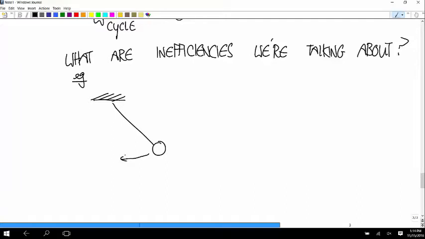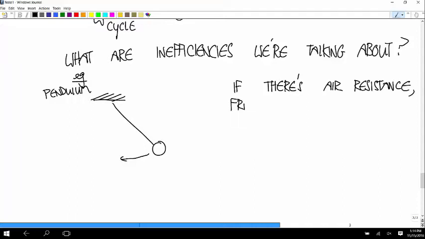Okay, so if there's no air resistance or friction, then one thing you can say about this system is that in some amount of time, it can return back to its starting point, its starting state.